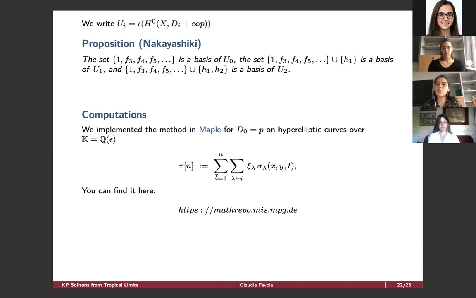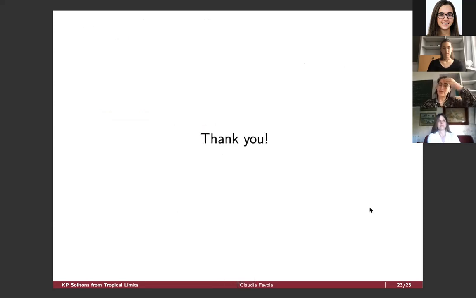Of course, since we can't compute an infinite sum like the tau function defined by Sato, we have a truncated version of this function where n will be the order of precision. If you want to check it out, you can find it on this website. And this is all I wanted to say. Thank you for your attention.